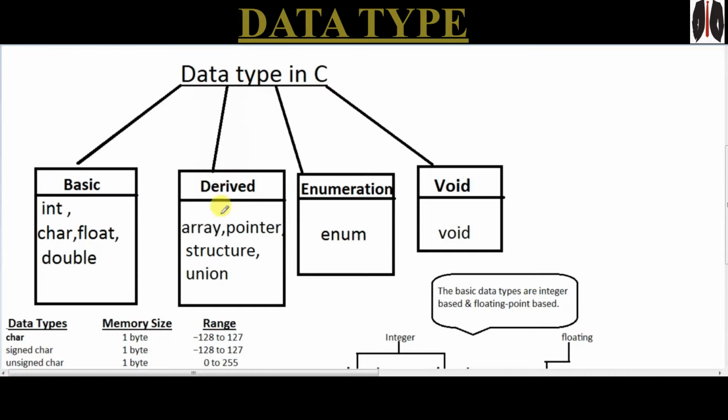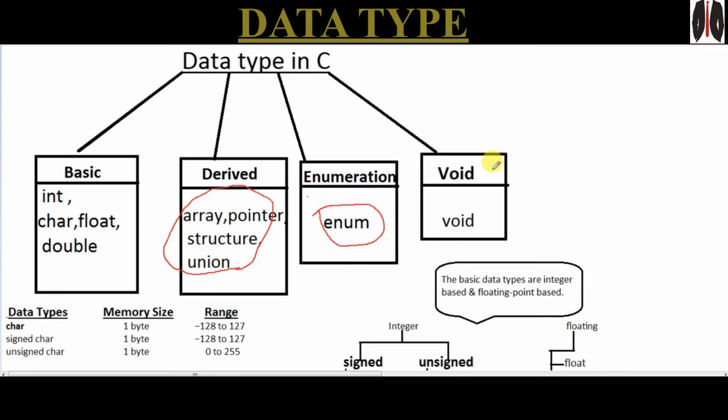In derived we use array, pointer, structure, union. These are all defined in an upcoming tutorial. For the enumeration data type we use enum, and it will also be explained in an upcoming tutorial.